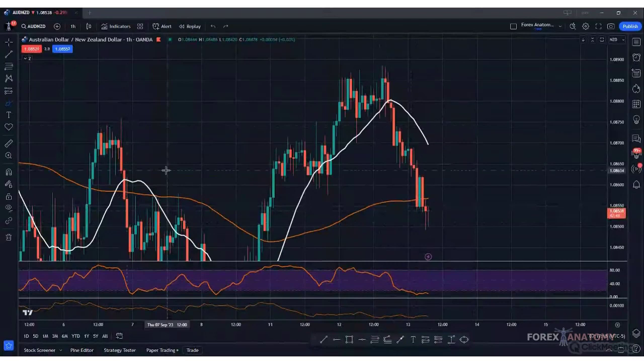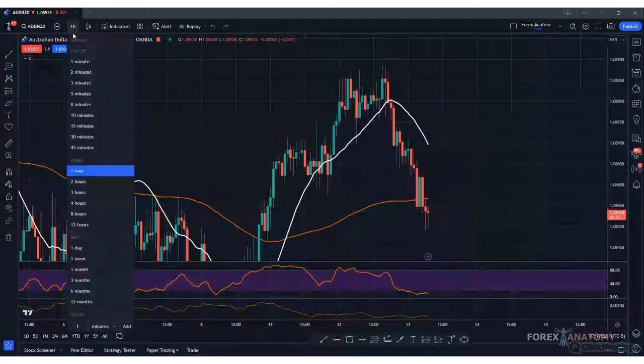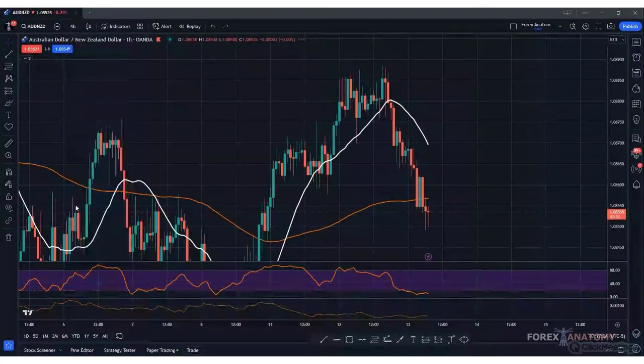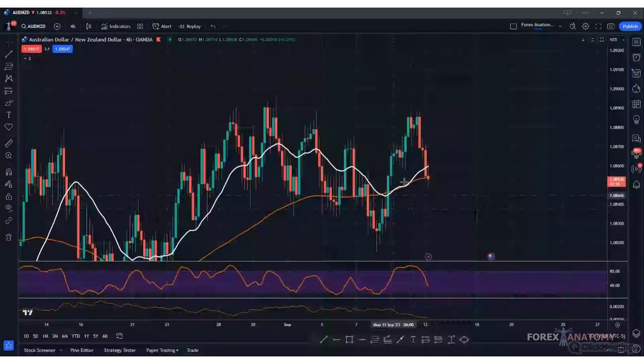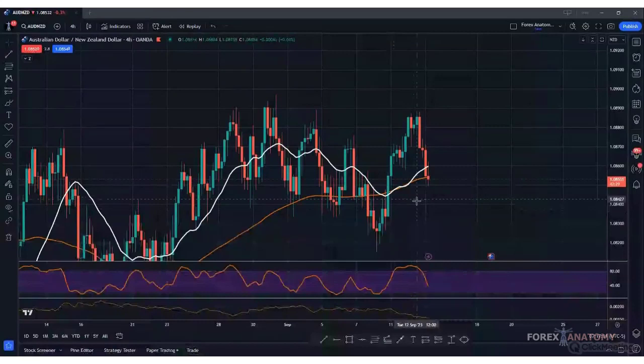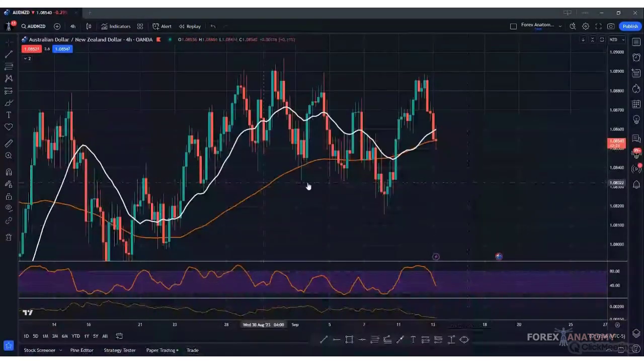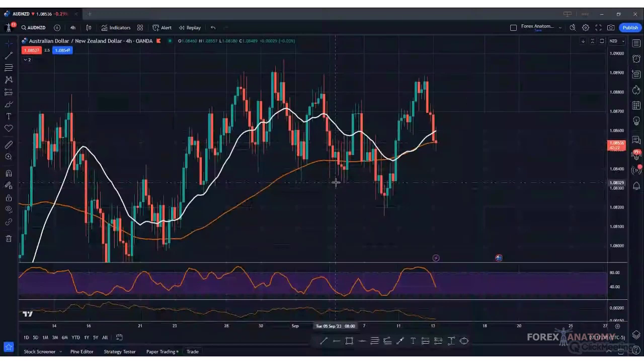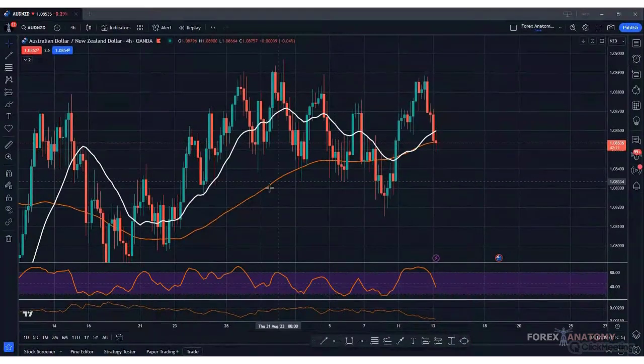Well, it's pretty simple. We have a few locations, but before we do that, let's see how the 4 hour is looking. Okay, the 4 hour is looking like this, but really it looks like it's almost in a range bound price action type. It's pretty much range bound.